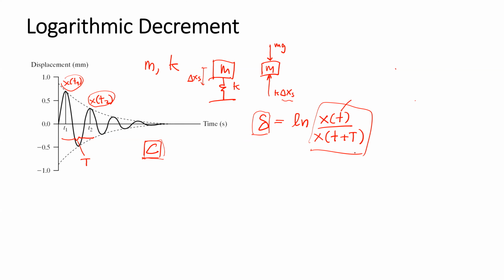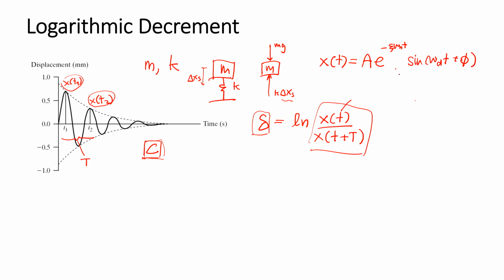So we can measure this value. So if you remember, for the underdamped free vibration case, x equals A e to the minus zeta omega n t times cosine of omega d t plus phi.